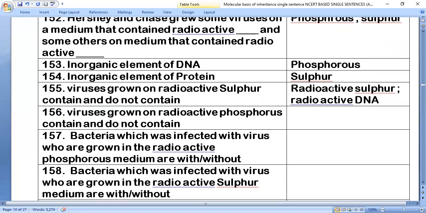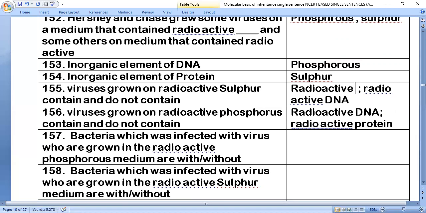Viruses grown on radioactive phosphorus contain radioactive DNA and do not contain radioactive protein.